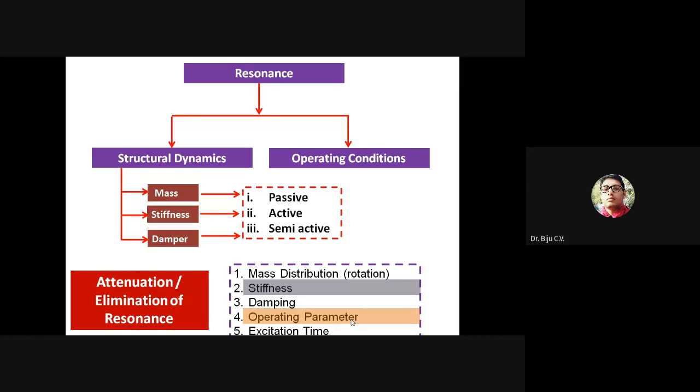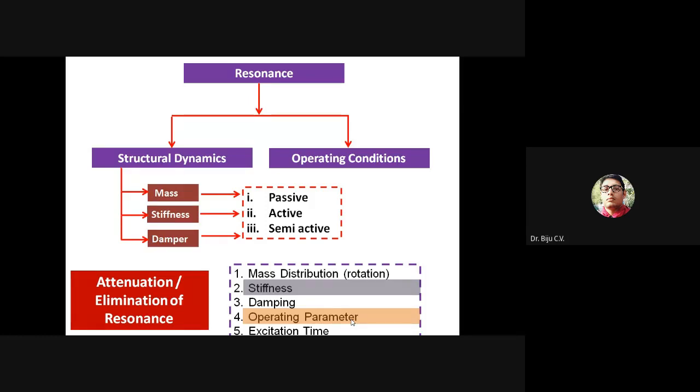Now, attenuation or elimination of the resonance. So two aspects we are discussing. One is attenuation, where resonance is already occurring and we are reducing the effects. The other part is elimination. Elimination means we are avoiding the possibility of the occurrence of resonance. The first one, attenuation, is very common and has been practiced for more than 100 years, and different types of dampers have been developed, from the Lancaster damper to many new generation dampers.